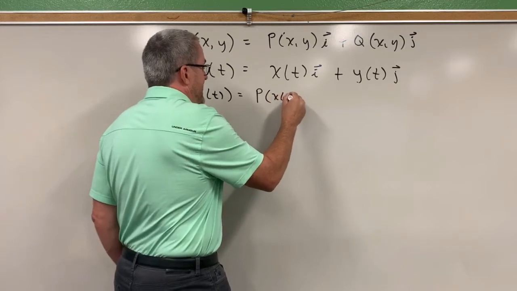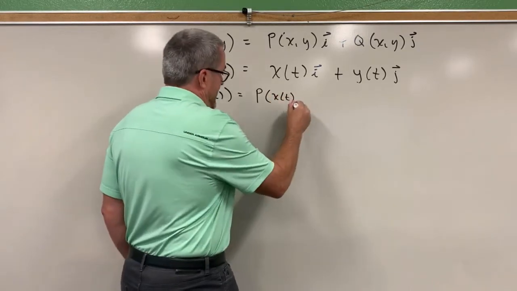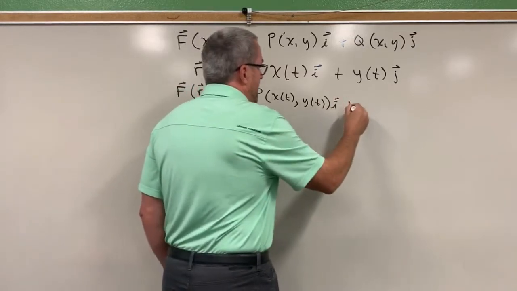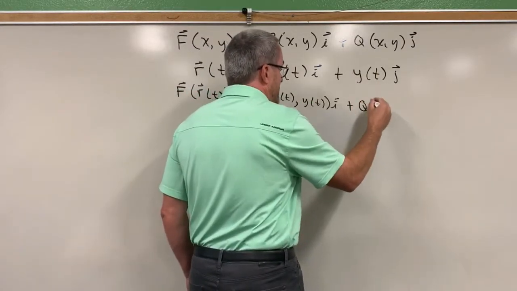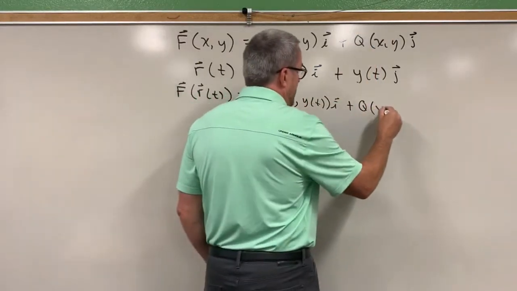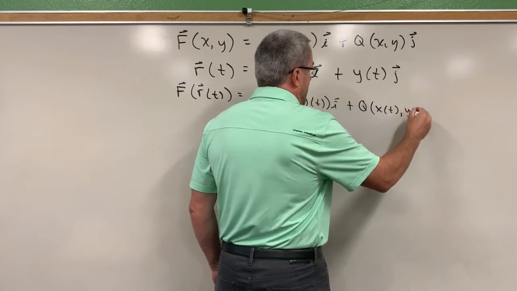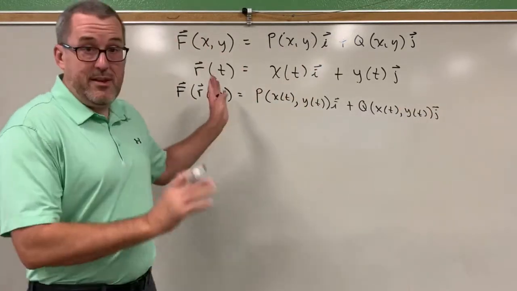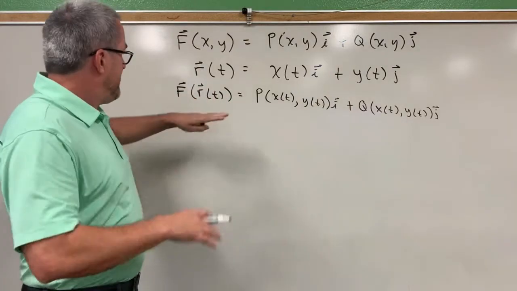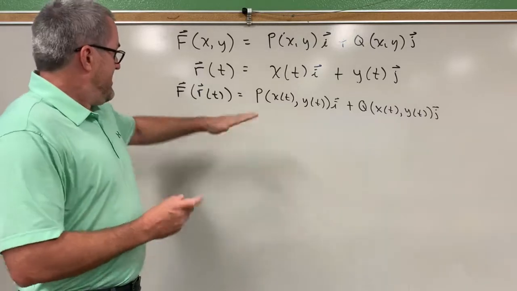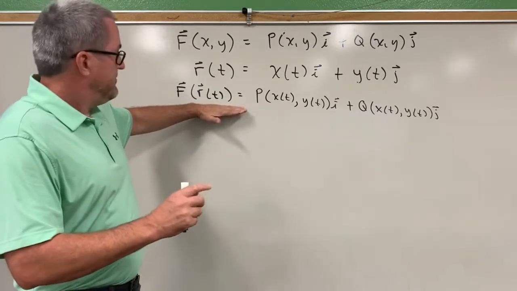So it's going to be P of x of t, comma y of t, i. And likewise, our Q function will be focused in on that parameterized curve, x of t, y of t, j. Now we sometimes simplify this and just call this piece F.